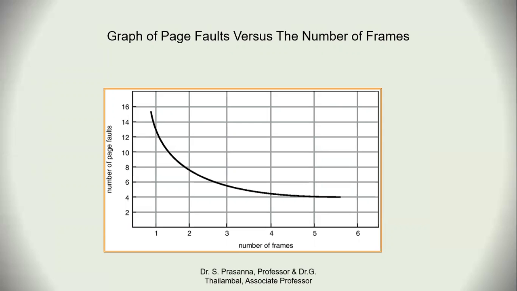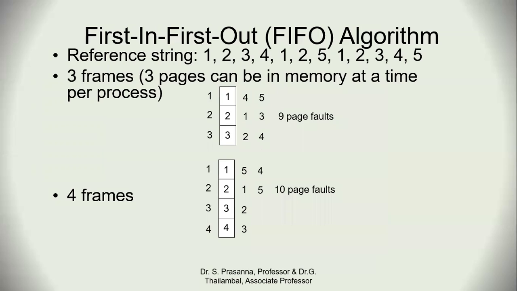When you see frame 1, the page fault is 15, which means if you have only one frame, the page faults are going to be 15. And if you have 6 frames, the page faults are reduced to 4 or 2. So whenever the number of frames increases, page faults decrease. This is the explanation for this graph.